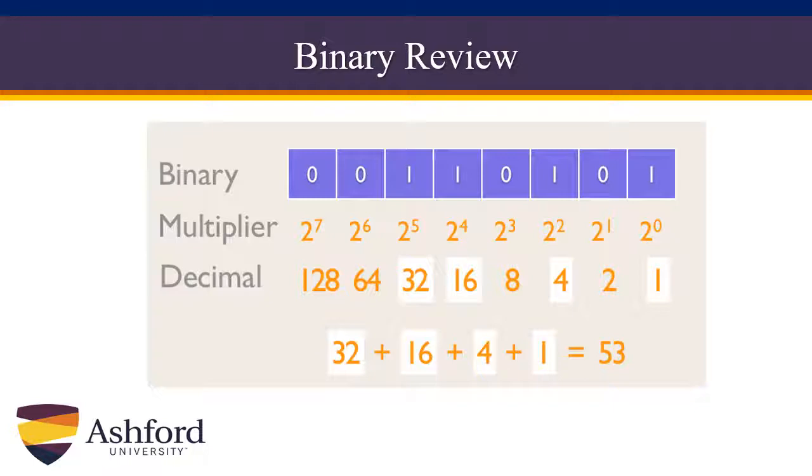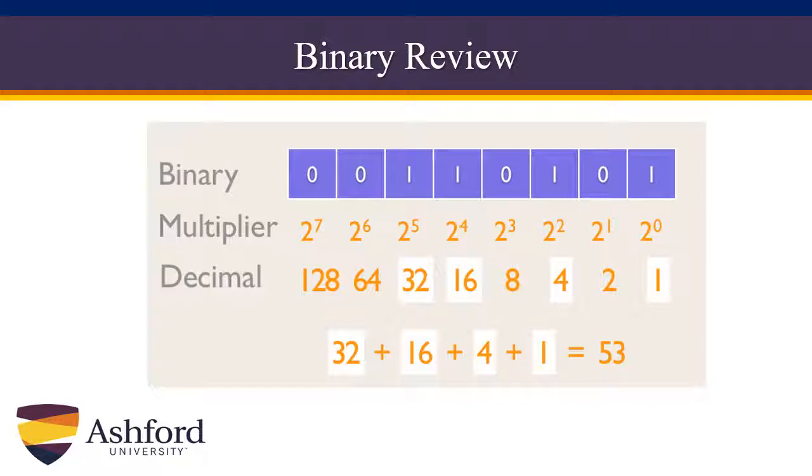So if we look at the second row, this is showing the number 2 in decimal, that's the number system that most of us are used to, raised to a particular power. So the rightmost digit, which is a 1, meaning it's turned on, is 2 to the 0 power. 2 to the 0 power is decimal 1.